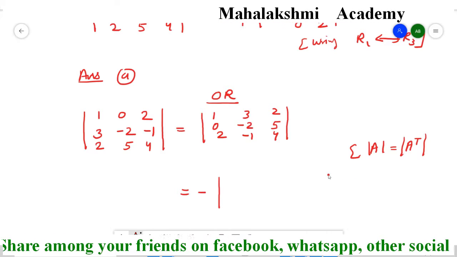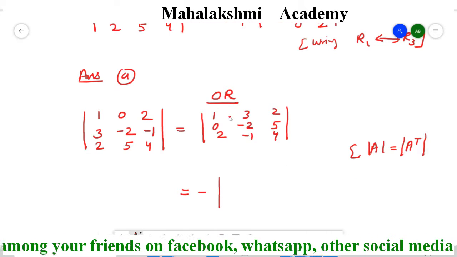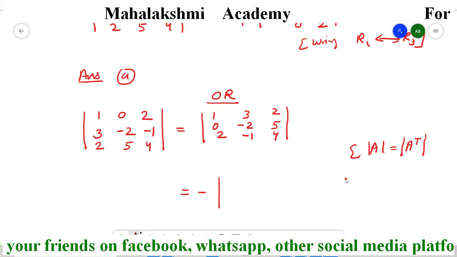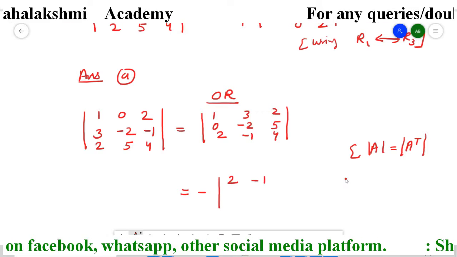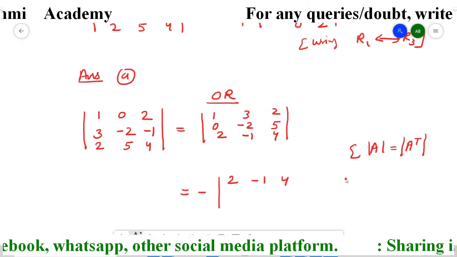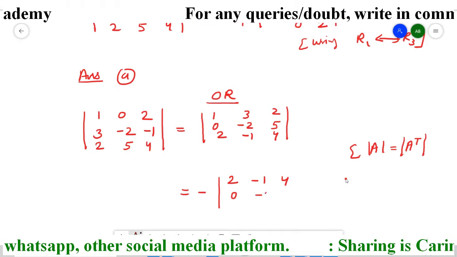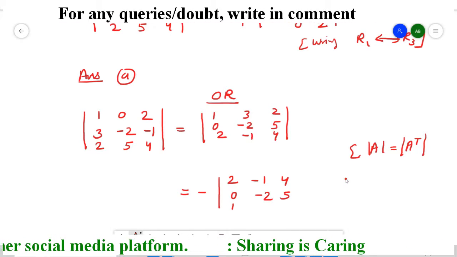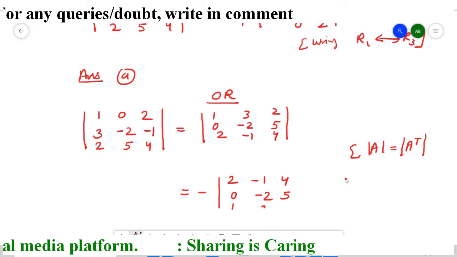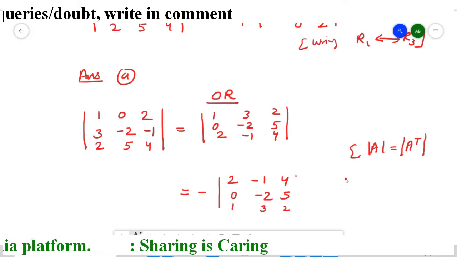I am writing the third row at the first place and first row at the third place. So you can see it's going to be 2, minus 1, 4. Then second row as it is, no change in that. And first row at the place of third row.